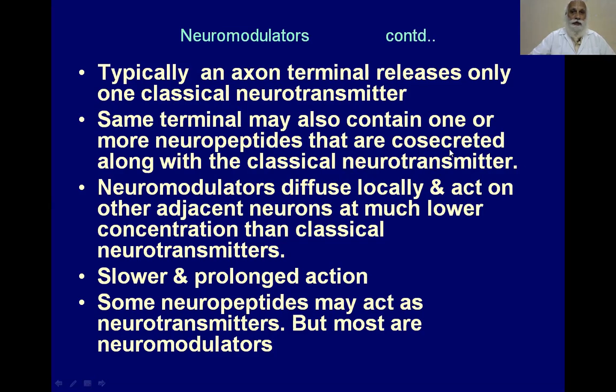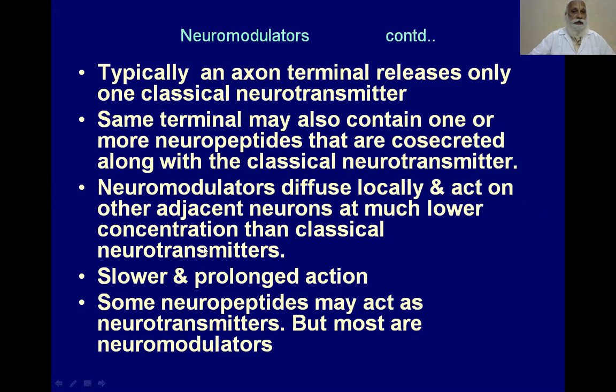So neuromodulators could be more than one, but they are in smaller quantities. They diffuse locally and act on adjacent neurons at a much lower concentration than the classical neurotransmitter.